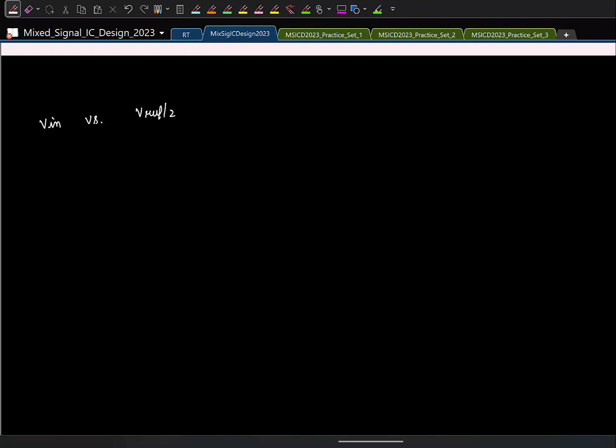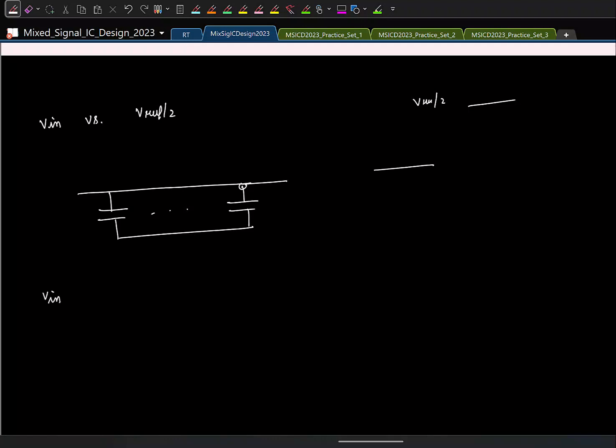So loosely speaking, I have a bunch of capacitors, and this voltage must charge from 0 to Vref by 2. Even in the switching scheme that we saw, we put in an initial condition of Vin minus Vref first, and then we want the voltage to go to Vin minus Vref by 2.